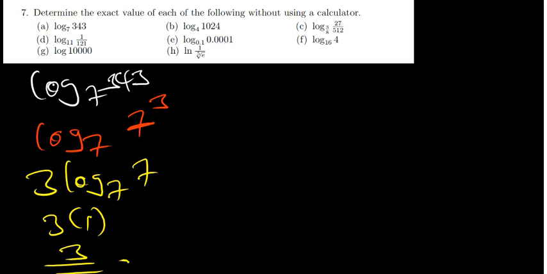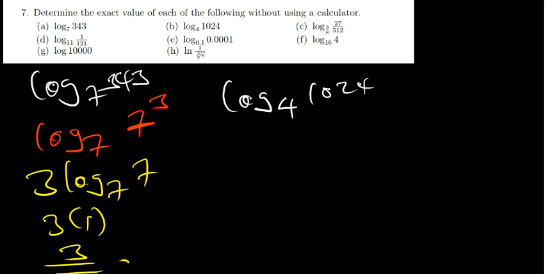Now let's go to part B. Part B, we have log base 4 of 1024. How can we make it? 4 to the power 2 is 16. 16 times 4 gives me 64, and 64 times 4 gives me 1024.